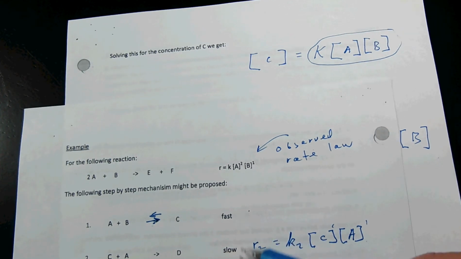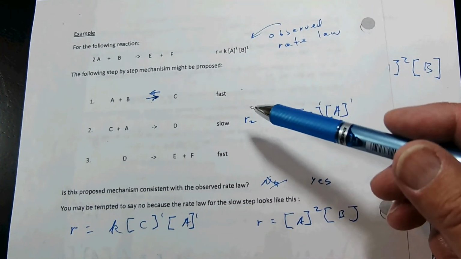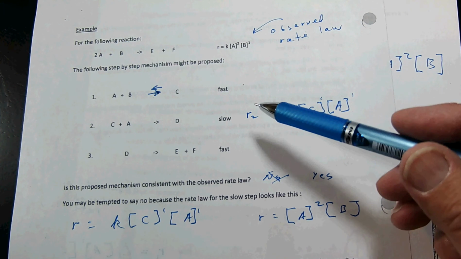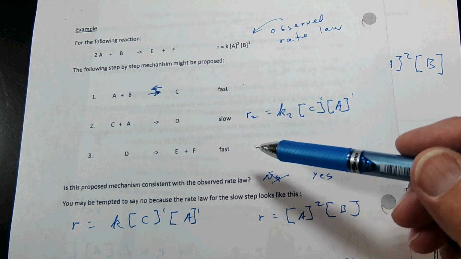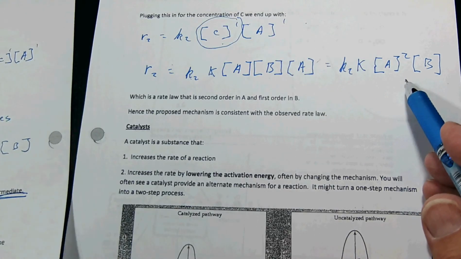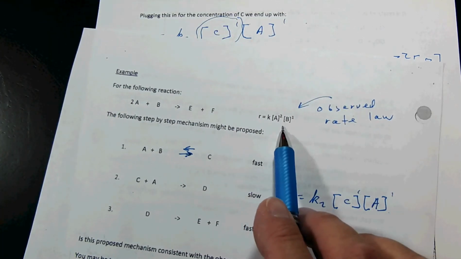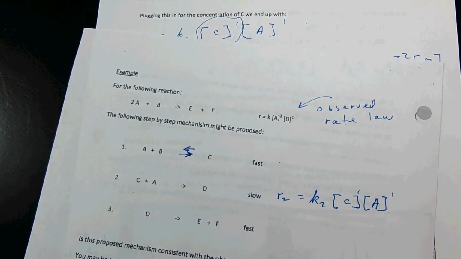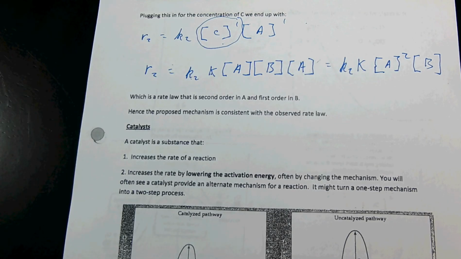So this mechanism here could potentially be a correct mechanism, because the rate law we end up with is consistent with the observed rate law, second order in A, first order in B.